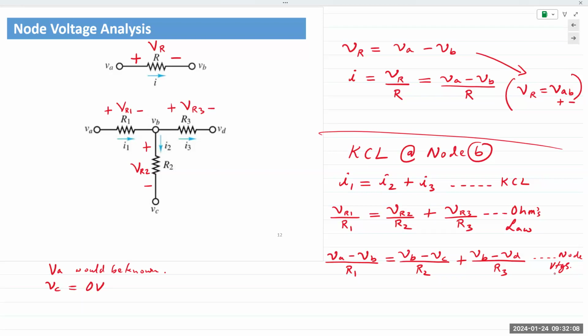The actual voltage does not matter. This is purely theoretical or hypothetical, if you want to call it that. So that is a very important point. The reference node is always 0 volts for that analysis.